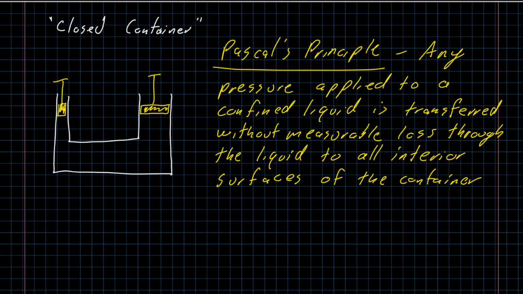This is codified in Pascal's principle, which tells us that any pressure applied to a confined liquid is transferred without measurable loss through the liquid to all interior surfaces of the container. So what that means is, if I put some load, actually let's put the load on the larger piston, that load is going to cause an increase in pressure.